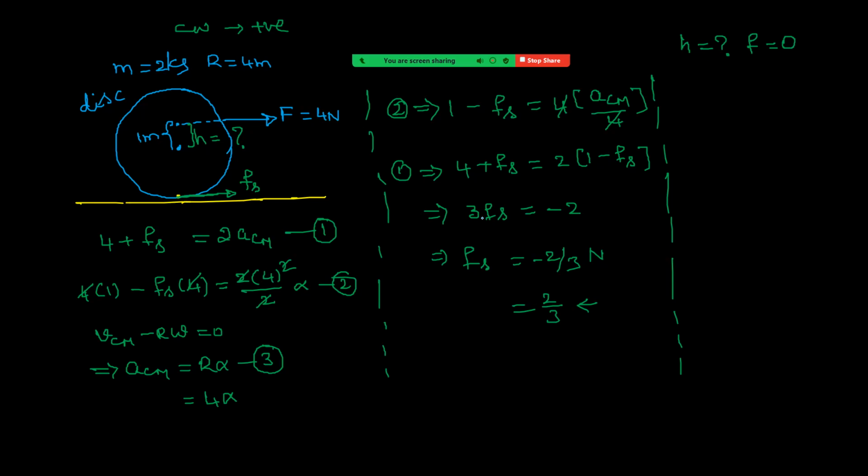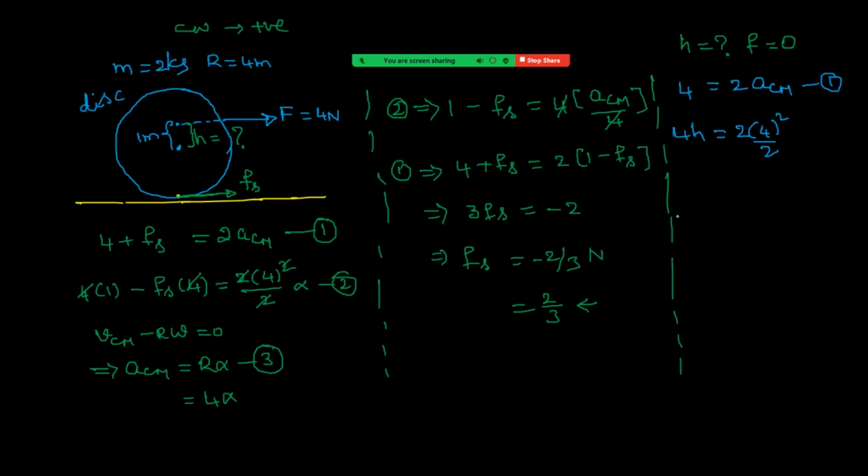Okay. So equation 1 now becomes 4 equal to mass into acceleration. Equation 1. Next, coming to the torque equation, no frictional force, only applied force. So 4 into h equal to I into alpha, mr square by 2 into alpha.